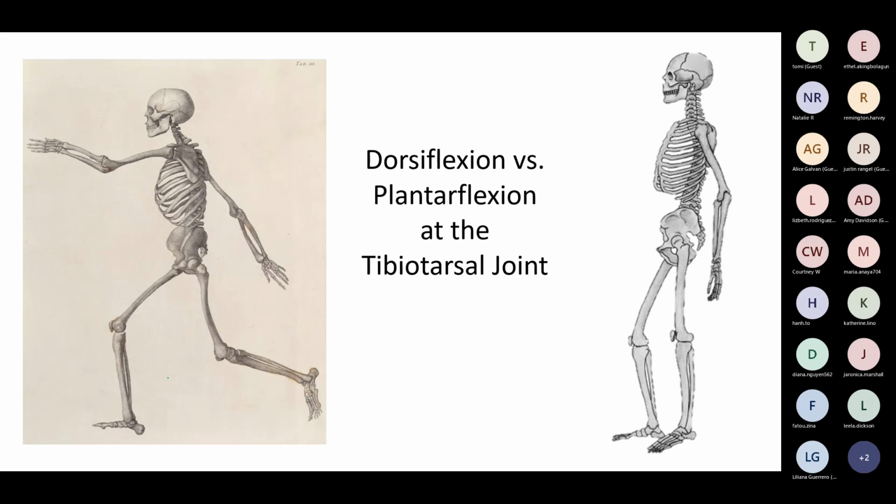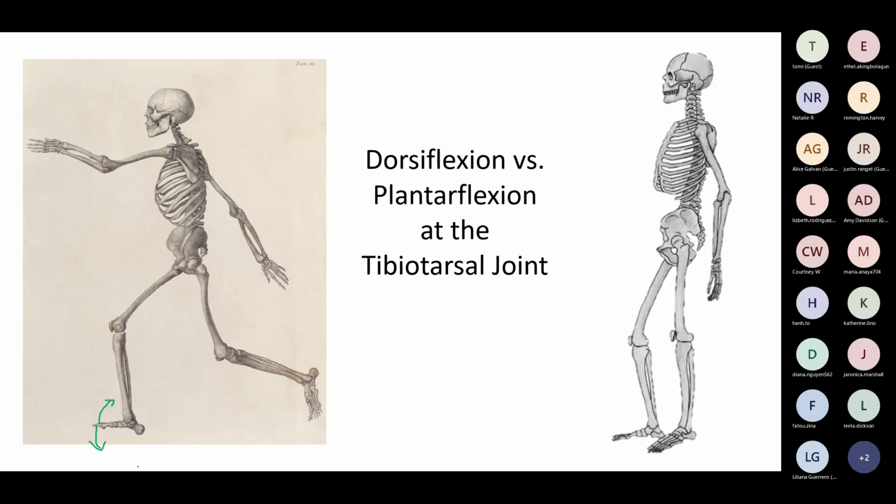At the ankle joint, the tibiotarsal joint, we can do the movements dorsiflexion and plantar flexion. Dorsiflexion is when you move your toes toward the dorsal side of your body. Plantar flexion is when you stand on your tiptoes, when you move the tiptoes toward the plantar region, which is the bottom of your foot.